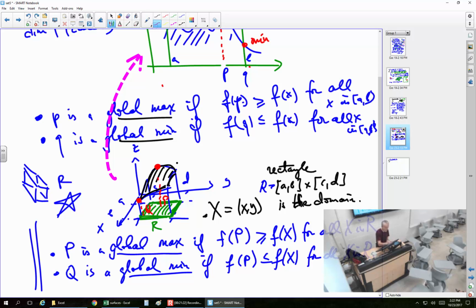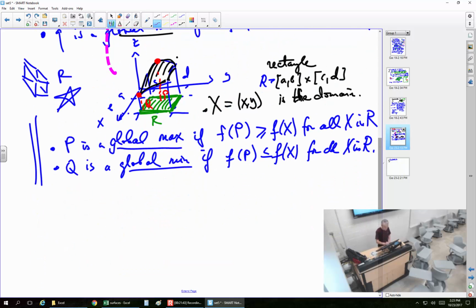So the idea is, as I said, fix, say, x equal a or y equal b, and then what's good is if our point is a maximum point, it is a maximum point with respect to those two variables.